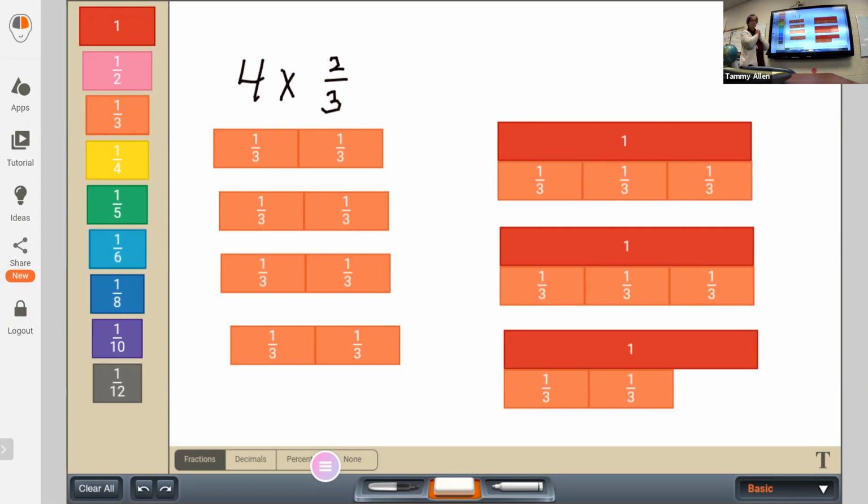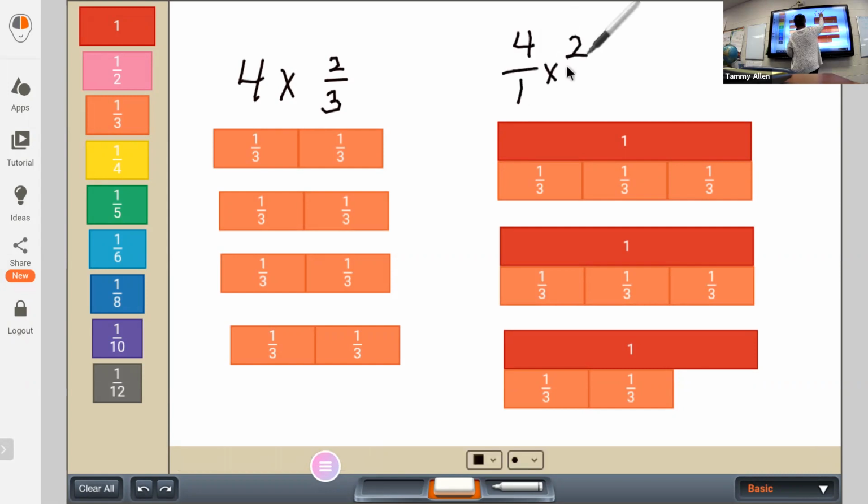Does that make sense? So now, up here, we could do 4/1 multiplied by 2/3. How many thirds did we have? 8 thirds. Which gave us 2 and 2/3.